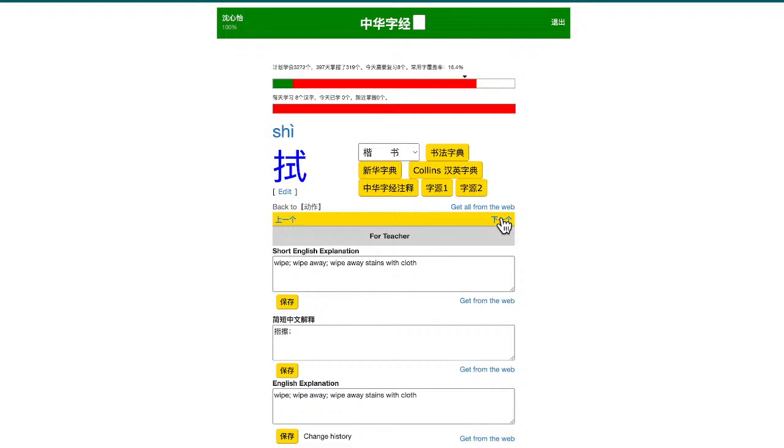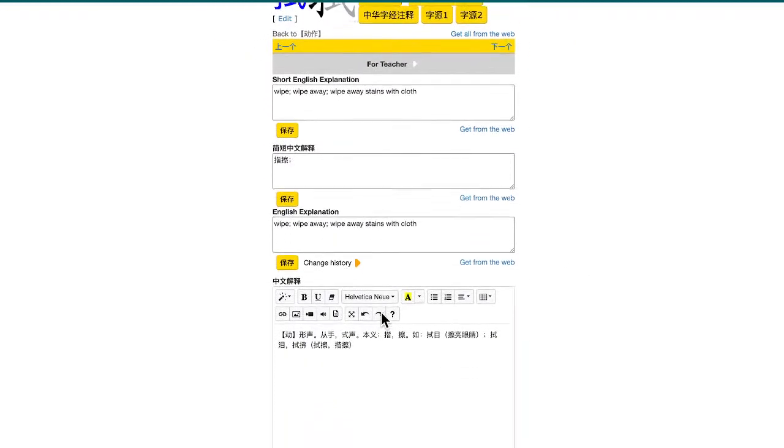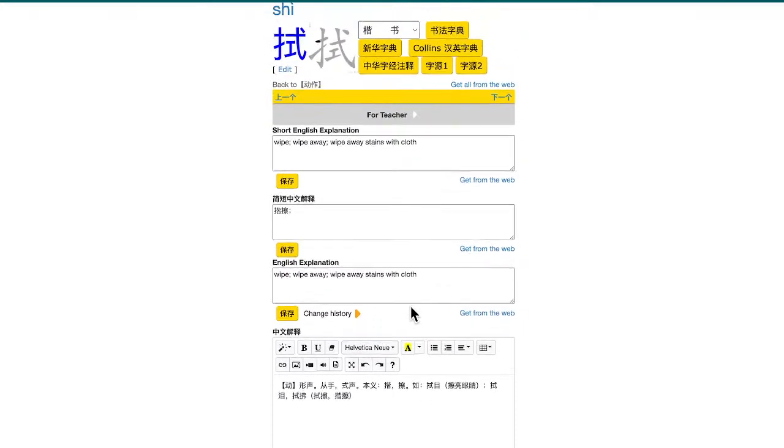Next one, 拭. Now this is also wipe away, but not wiping away dust, rather wiping away stains. So you have to rub pretty hard to get rid of a stain.